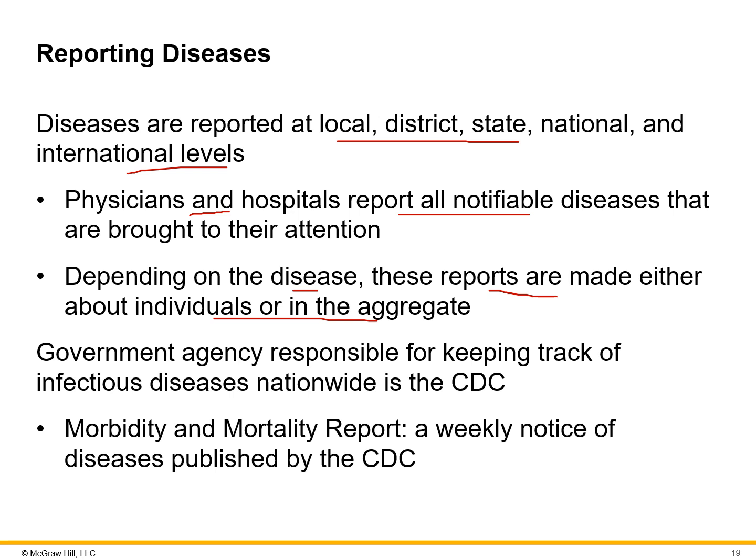So is it just about one patient, or is it about the ones that they've seen in their practice? And then the government agency responsible for keeping that is the CDC. So that's who it gets reported to. And then for morbidity and mortality reports, there are weekly notices published by the CDC on these diseases.